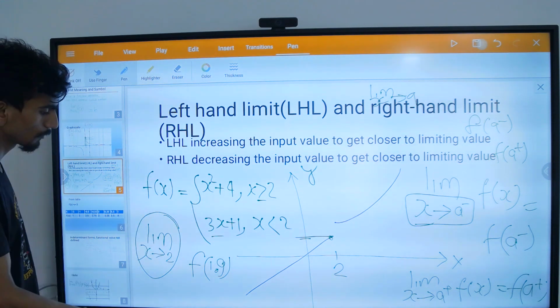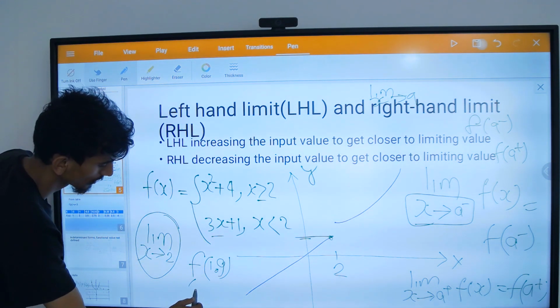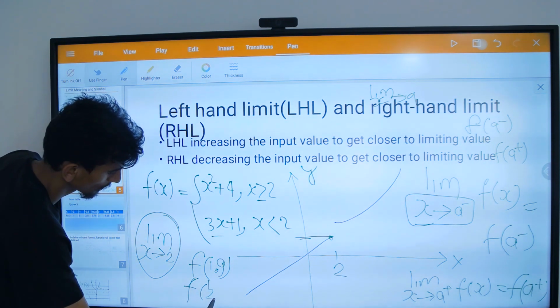Similarly, if we put a little more than 2, that is f(2.1).